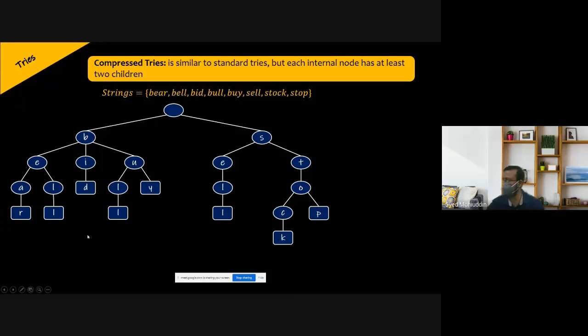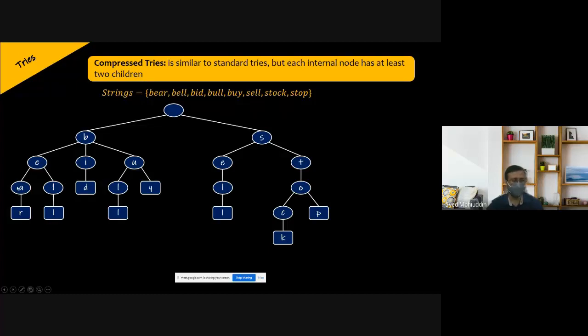Here in this case, if you look at the leftmost part, we have BEAR. B has more than one child. E also has more than one child, but A is an internal node and has only one child.